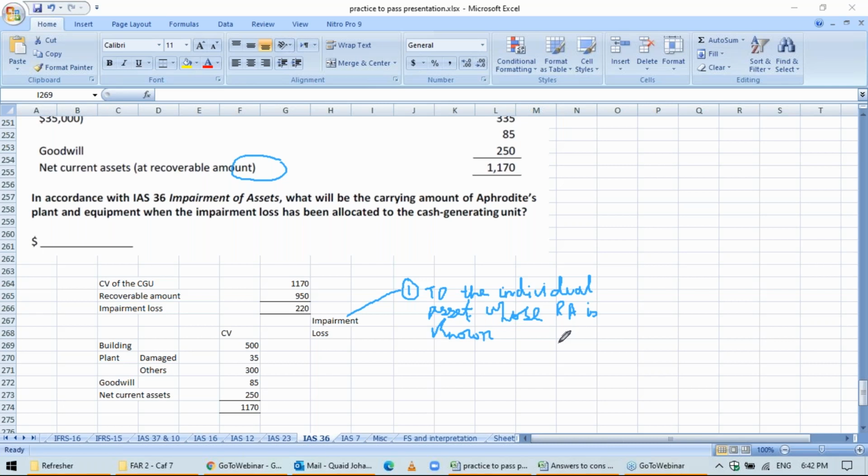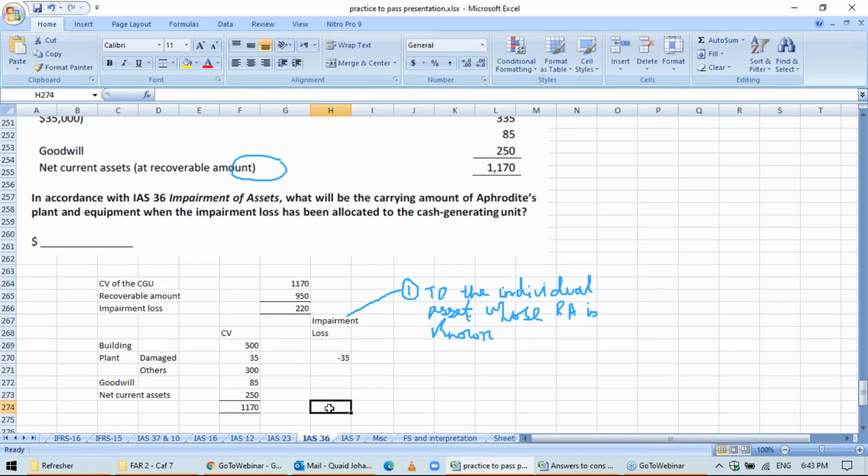So if I can calculate the recoverable amount for an individual asset, I will first treat it separately. I do know that one of the machines of 35,000 is completely damaged. So what I'm going to do is first deduct 35,000 from there.